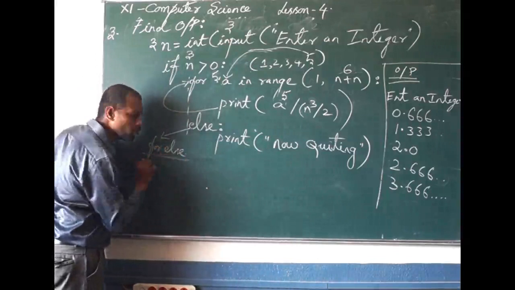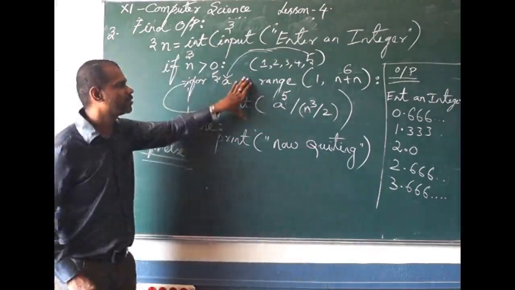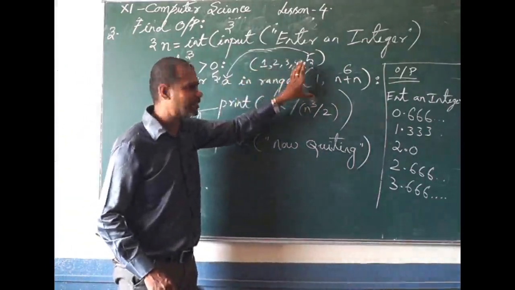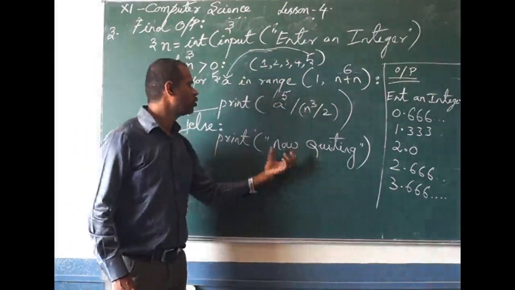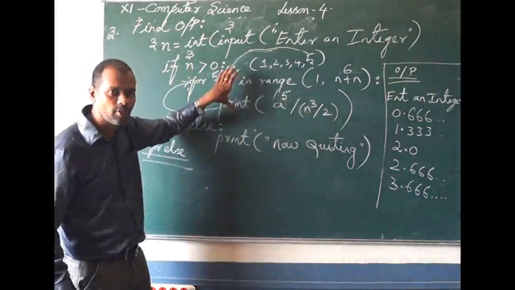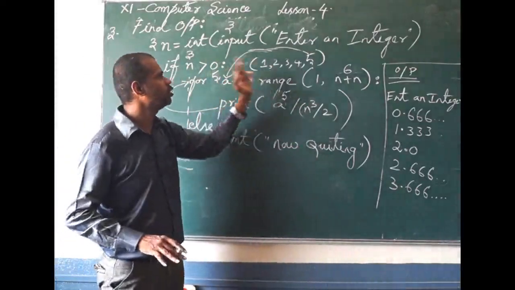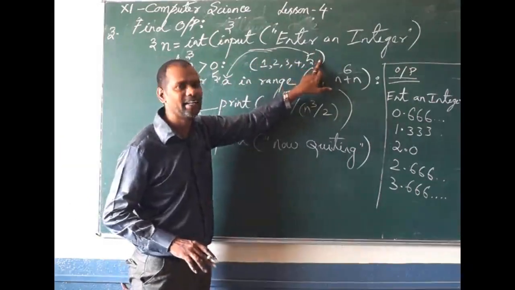When will this for else be executed? When the for loop is totally finished, at that time the else will be executed. The for loop finishes normally with 1, 2, 3, 4, 5, and then in this place it has no value.